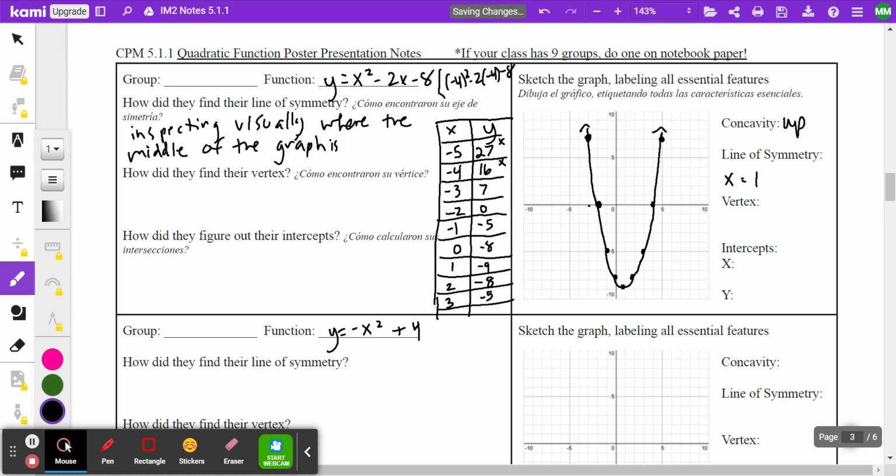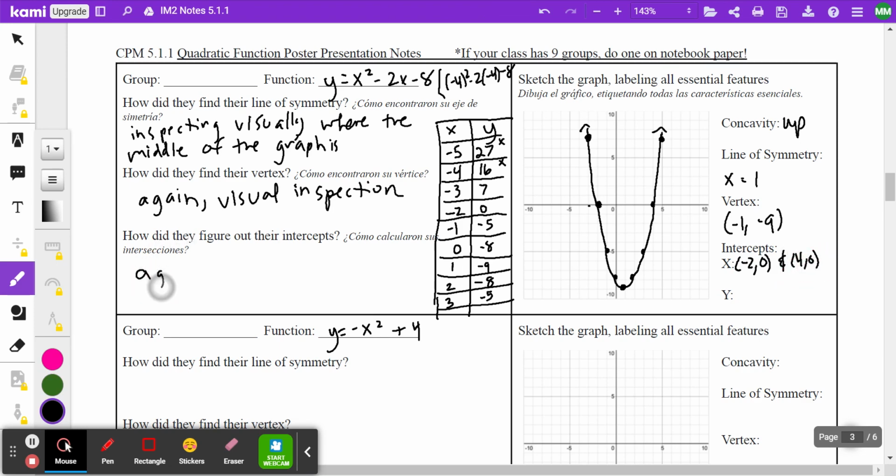The vertex appears to be at 1, -9. Again, I used visual inspection. The x-intercepts appear to be at -2, 0, and 4, 0. That's visual inspection again.